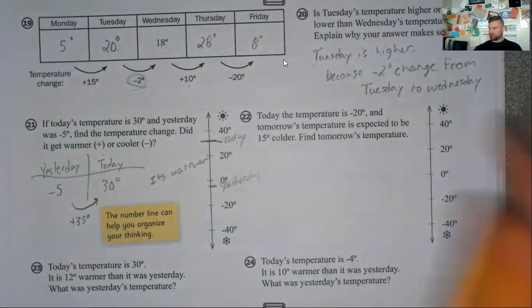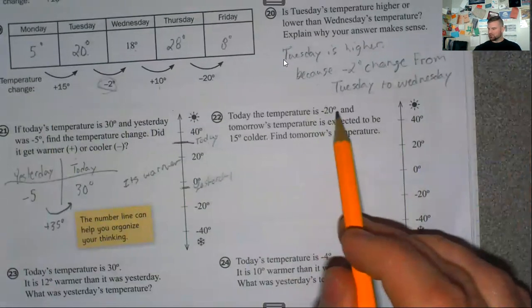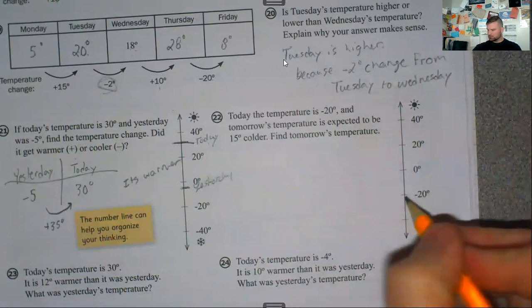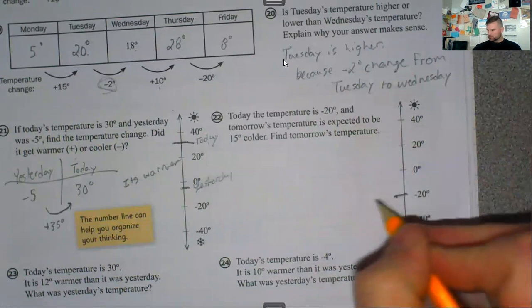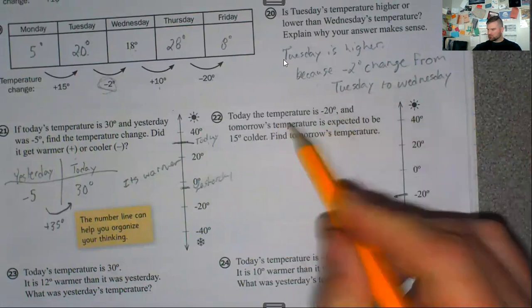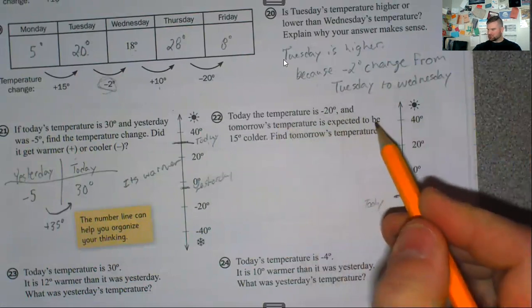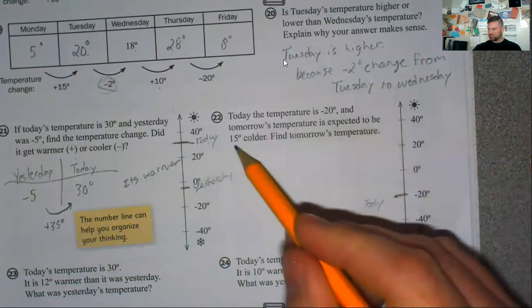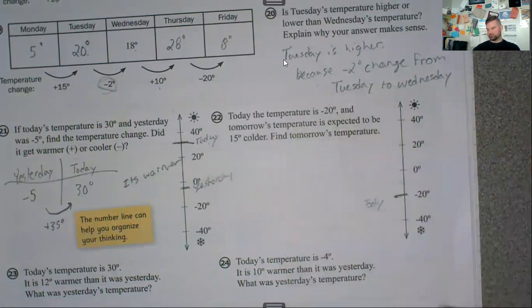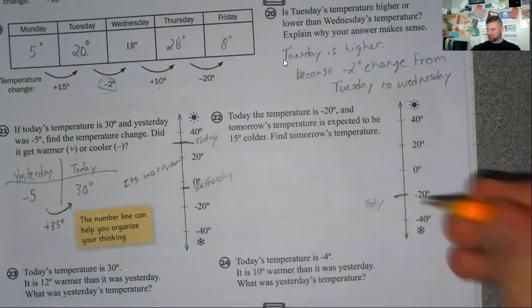Today the temperature is negative 20. And tomorrow's temperature is expected to be 15 degrees colder. Okay, colder means it's going to drop in temperature by 15 degrees.